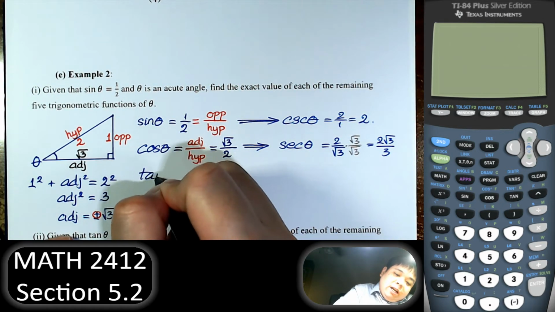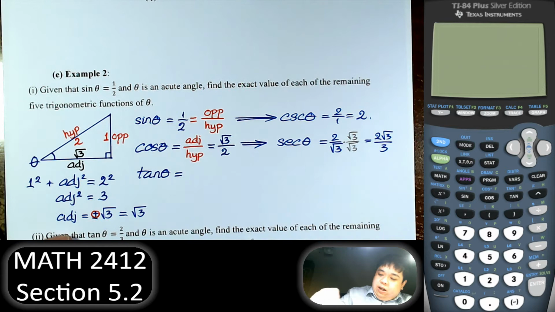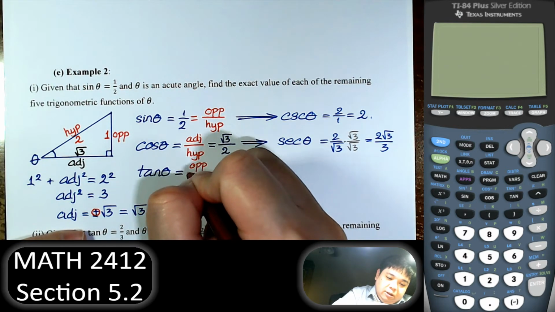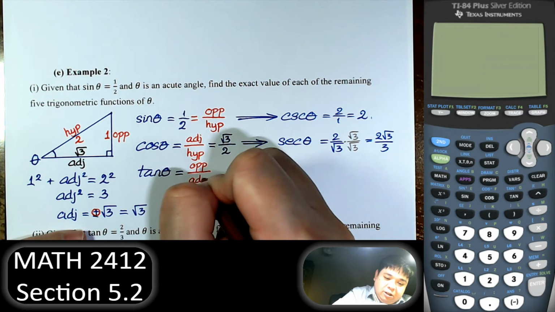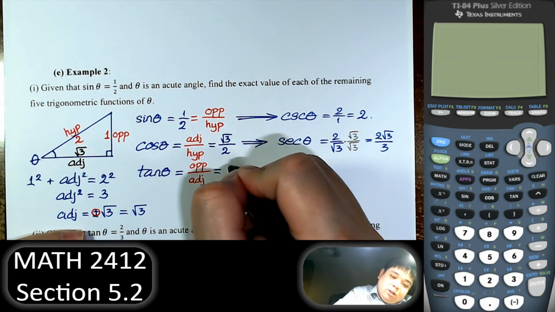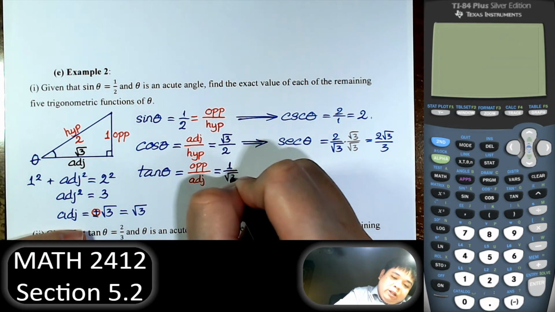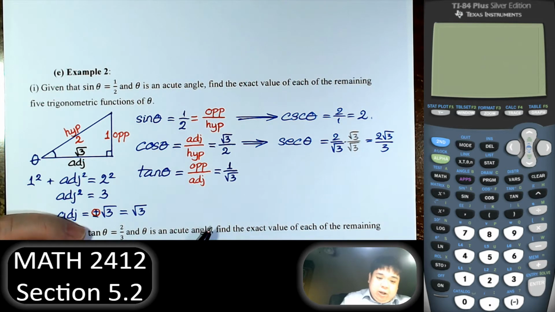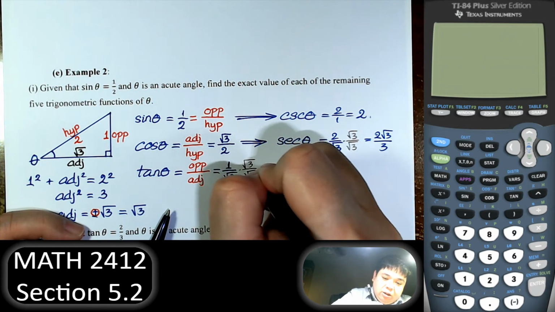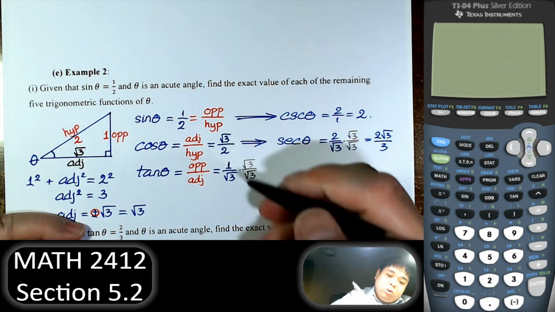Next, tangent. Tangent is opposite over adjacent. Opposite is 1. Adjacent is square root of 3. Again, if we do not want square root at the denominator, multiply top and bottom by the same square root.